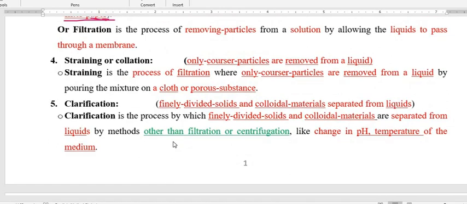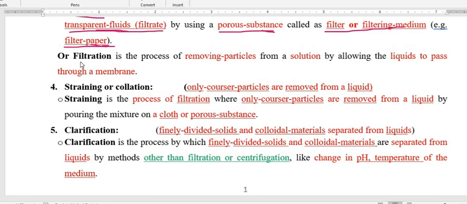Next is straining or colation. This is also quite similar to filtration, but in place of filter paper, here we take cloth or another porous substance. And in this, we only separate the coarser particles from the liquid.